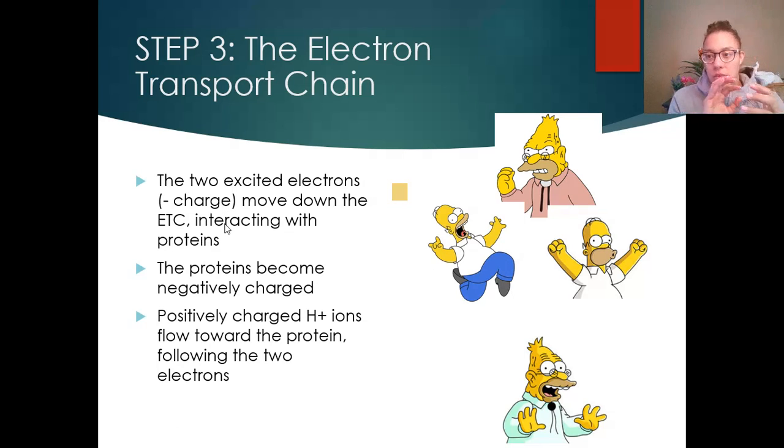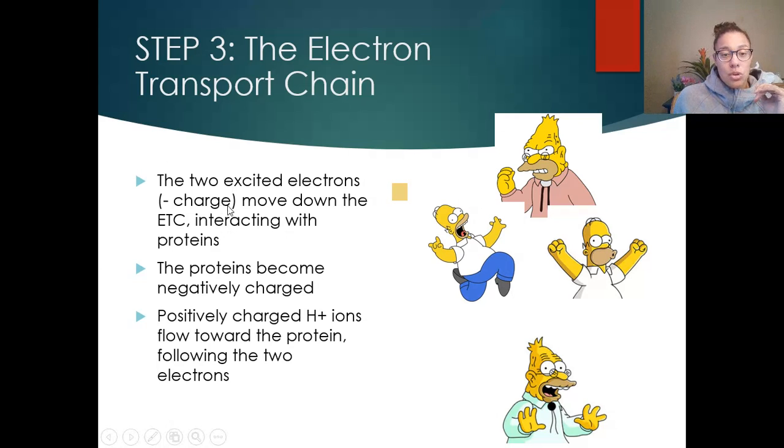It's going to interact with that protein complex itself, and cause the release of some positively charged hydrogen ions as well. That's going to flow towards that protein, and it's going to cause ATP to be released during that electron transport chain as well. So a little bit of ATP gets released here.